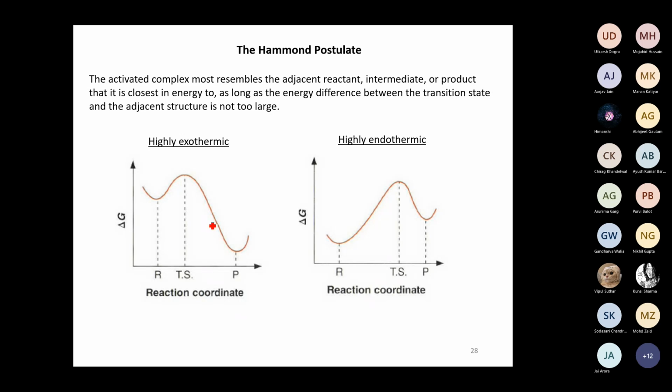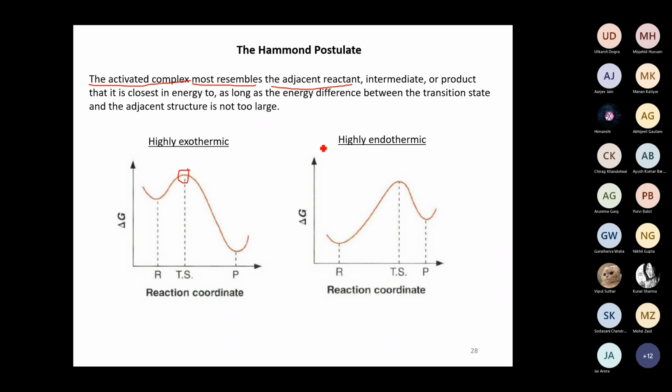The Hammond postulate tells, you can see what I wrote. The activated complex, at that time people didn't know what a transition state is until Eyring proposed it. So let's assume this is the transition state, the activated complex. The activated complex most resembles the adjacent reactant.